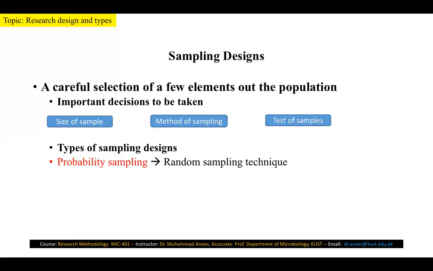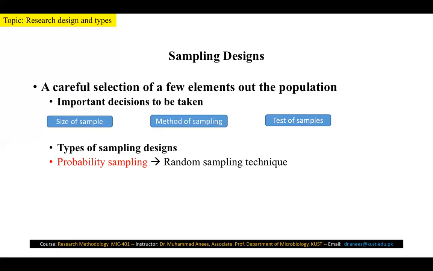As the name indicates, it involves selection of samples without intervention of your own will, without bias. You select randomly, and every unit, every subject has access and can be selected as a sample without intervention of your will. So it's a random procedure.